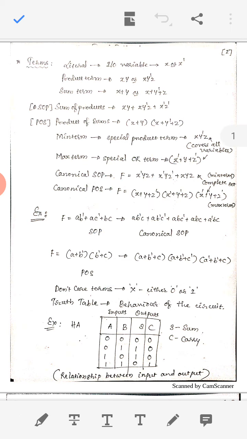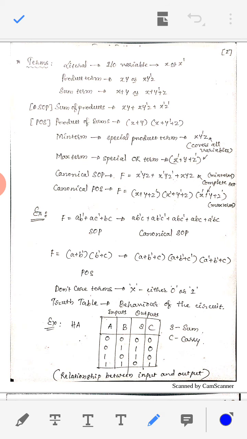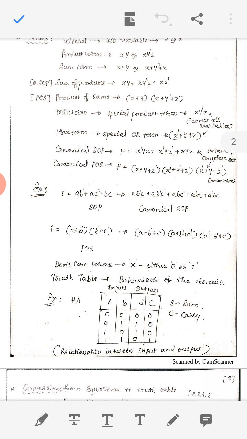The 4 combinations will come: 00, 01, 10, 11. The outputs are sum and carry. So this is the truth table for the half adder, meaning the addition of two values, each of 1 bit. This is how it should behave.